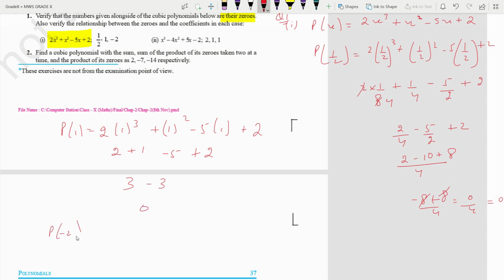So P(minus 2) is equal to 2 times (minus 2) cube plus (minus 2) square minus 5 times (minus 2) plus 2. So it is minus 16, then plus 4 plus 10 plus 2. After this, minus 12 plus 12. So this is also equal to zero.